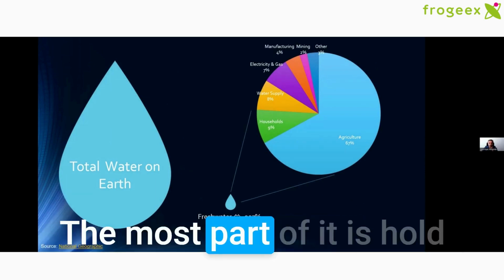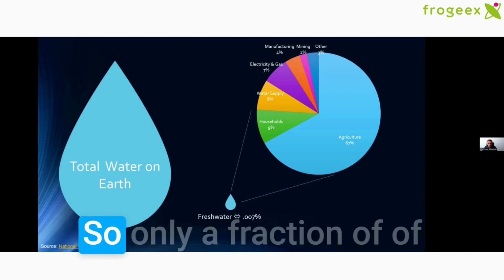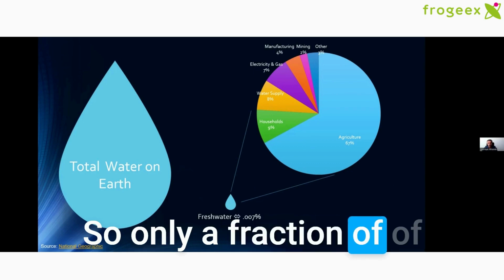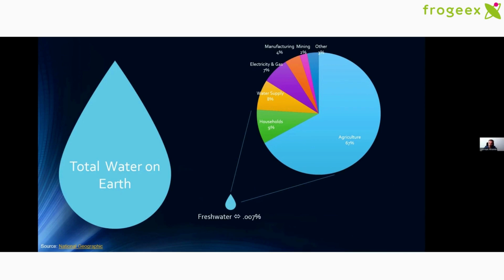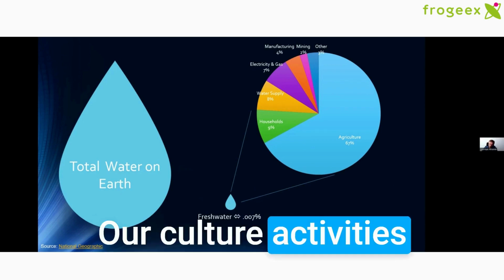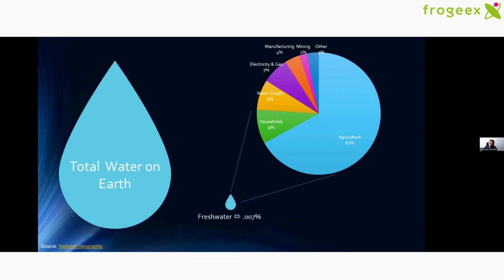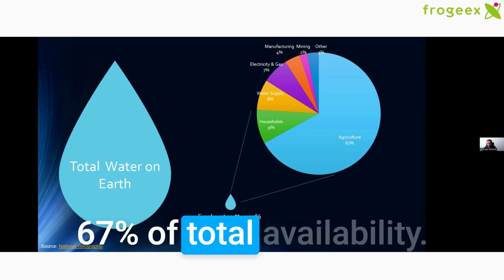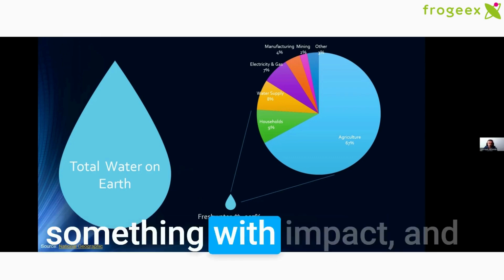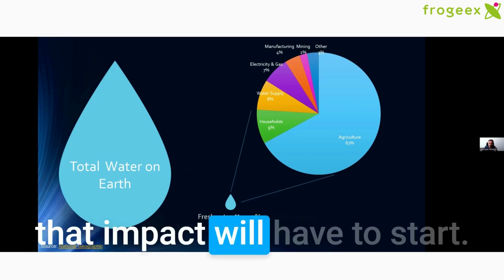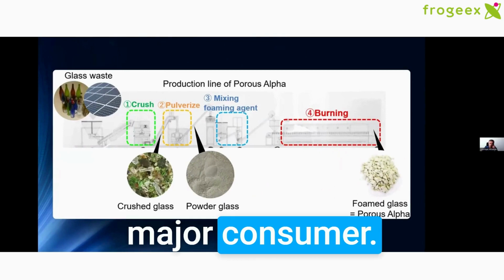The most part of it is held on ice caps and glaciers, so only a fraction of it is available, around 0.007%. Agricultural activities are responsible for the consumption of more than 67% of total availability. So it is imperative to do something with impact, and that impact will have to start on agriculture as the major consumer.